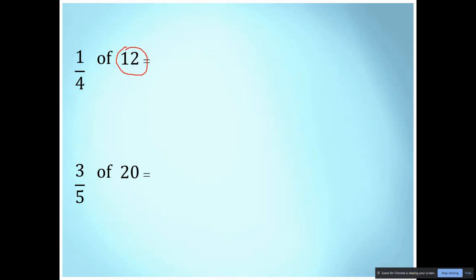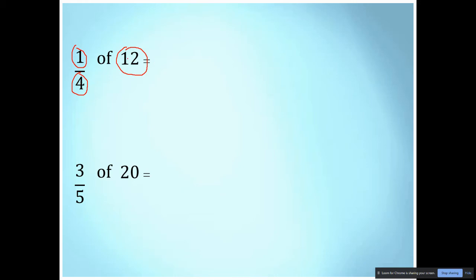Okay, there are 12 children, and every 4 children, there is 1 boy. So we're going to find out how many boys are there in 12 children. In every 4 children, there is 1 boy. So how many boys in 12 children?